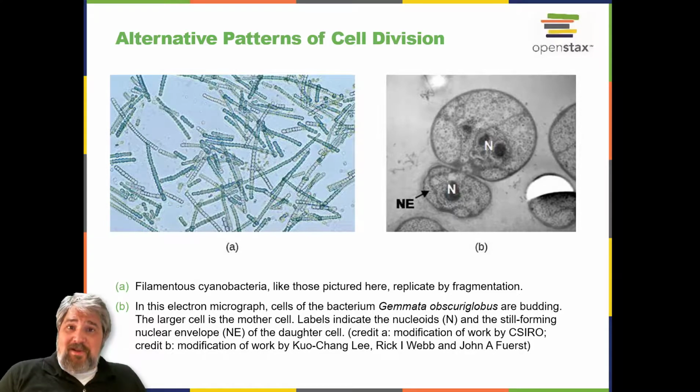In some cyanobacteria, many nucleoids may accumulate in an enlarged round cell or along a filament, leading to the generation of many new cells at once. The new cells often split from the parent filament and float away in a process called fragmentation, which is pictured here. Fragmentation is commonly observed in the actinomycetes, a group of gram-positive aerobic bacteria commonly found in soil.